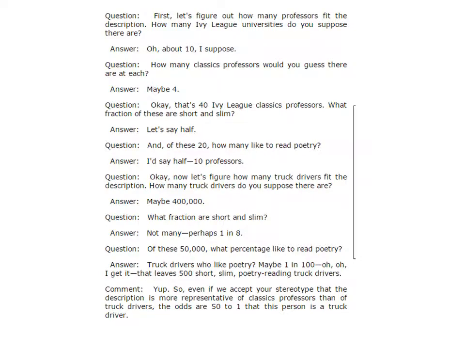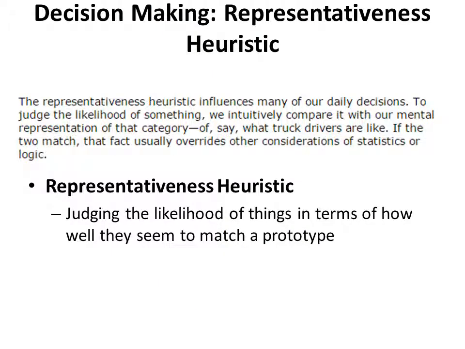Okay, so the representative heuristic influences many of our daily decisions. To judge the likelihood of something, we intuitively compare it to our mental representation of the category, say what truck drivers are like.